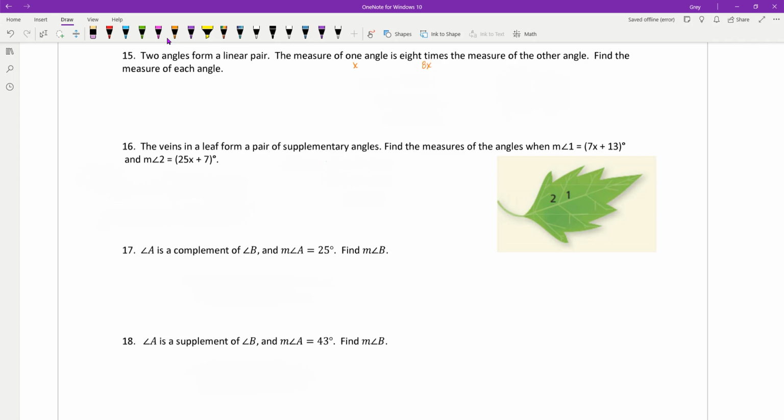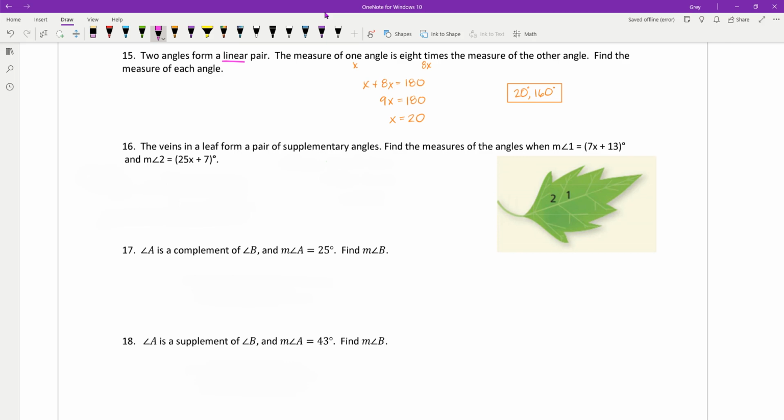They form a linear pair, so I know that they add up to 180. Linear pair, there's that line, to help you remember that the straight angle is a line. So I have 9x equal to 180 and x equals 20. So one of them is 20, and 8 times 20 is 160. So I'm going to have 20 and 160.